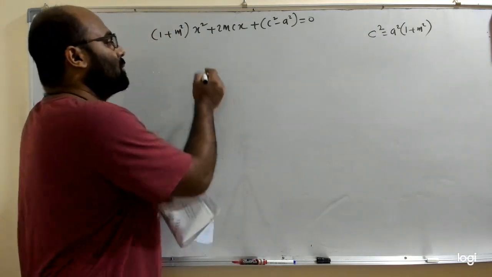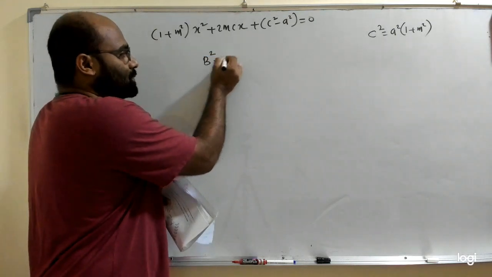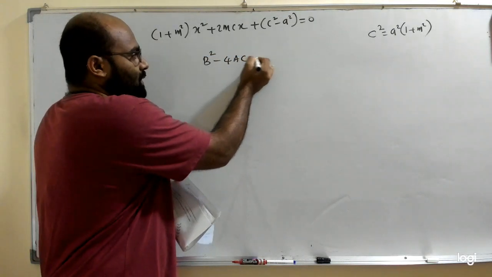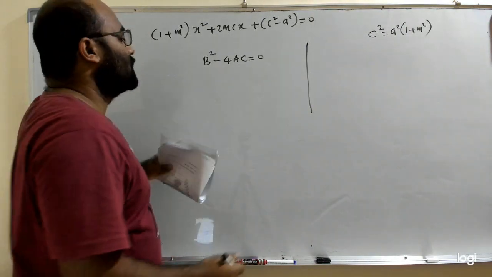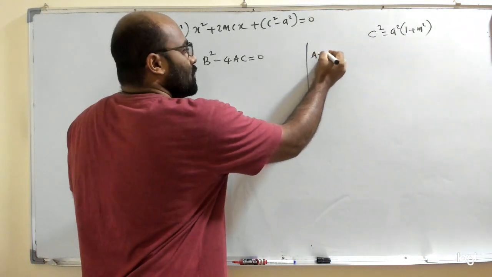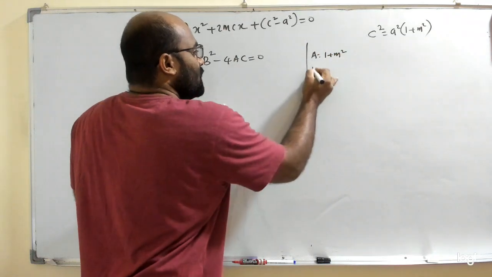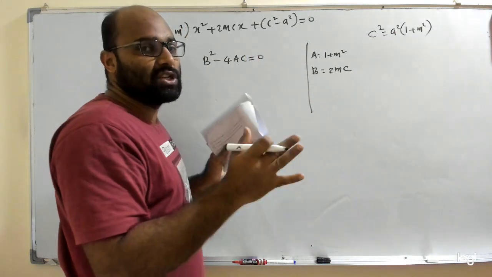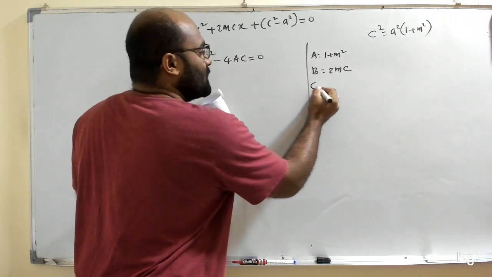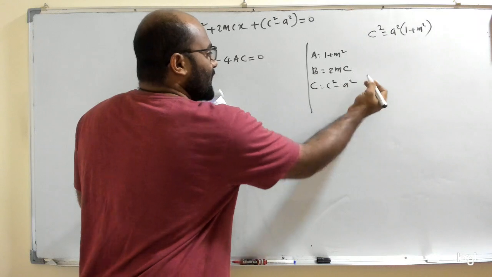Therefore, b square minus 4ac equal to 0. You know why I use the capital letters. So a equal to how much? 1 plus m square. B equal to how much? 2mc, the coefficient of x, and the constant term is the complete thing without x.